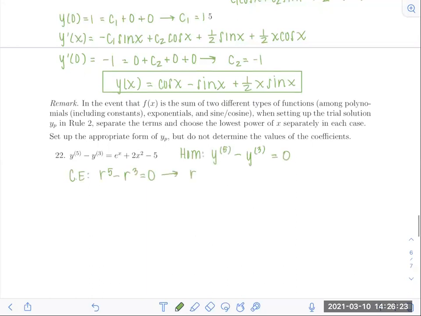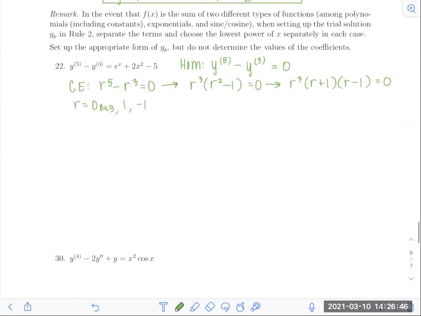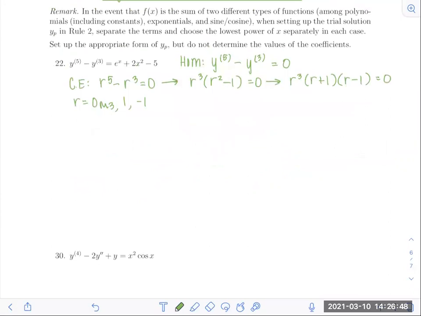If I factor, that's r cubed times r squared minus 1, or r cubed times r plus 1, r minus 1. So our roots here are 0 with multiplicity 3, 1, and negative 1. So I can set up my complementary function according to those real and distinct and real and repeated roots.